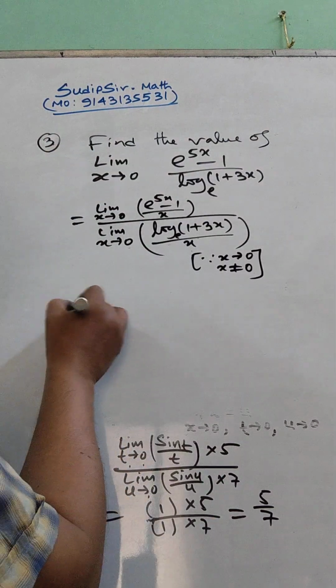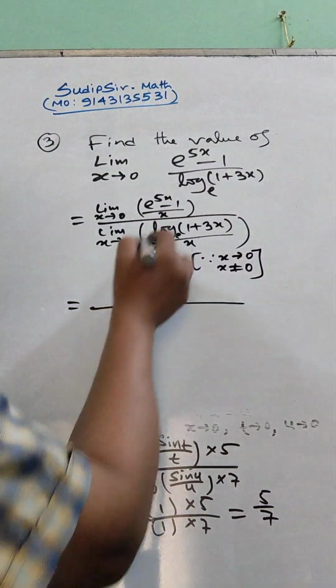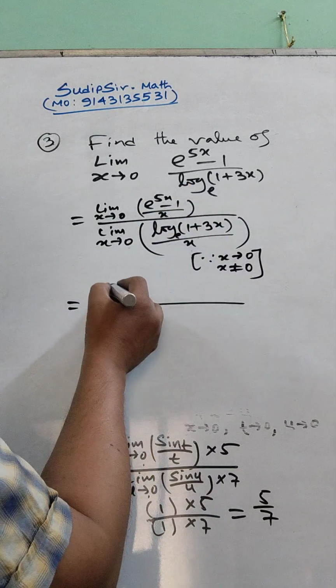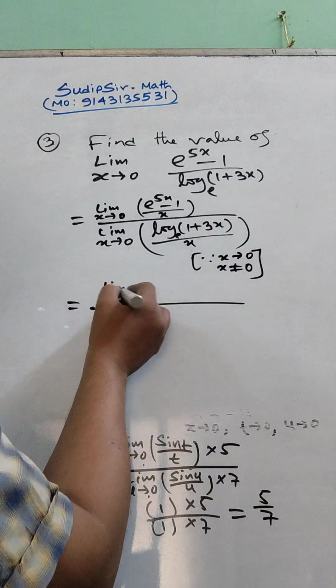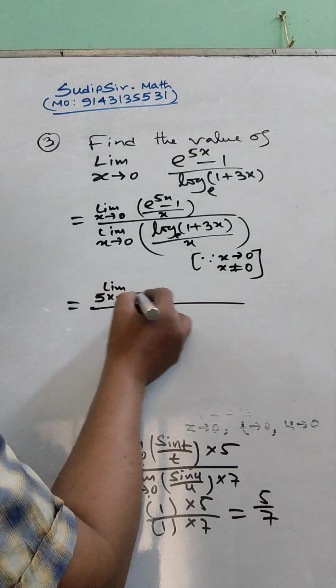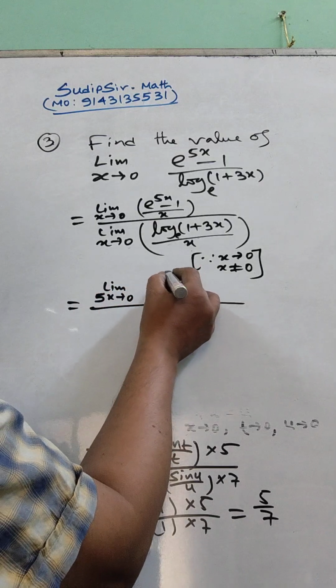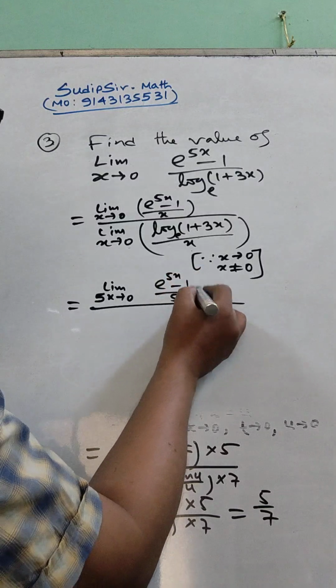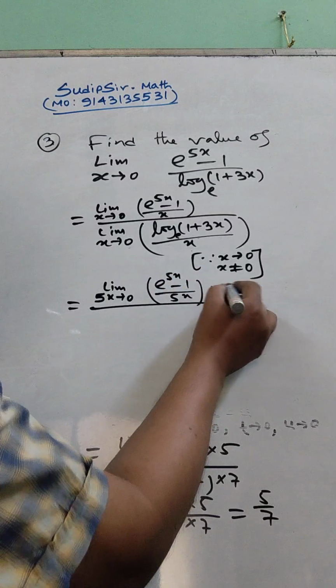Now for standard value, e to the power 5x minus 1 by 5x is required. Now limit 5x tends to 0, e to the power 5x minus 1 by 5x into 5.